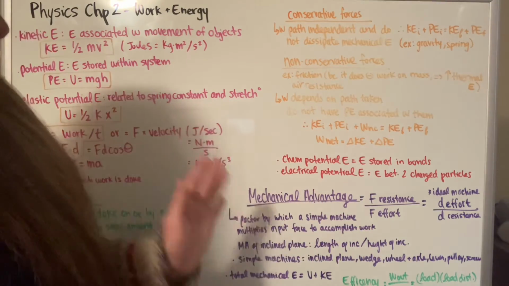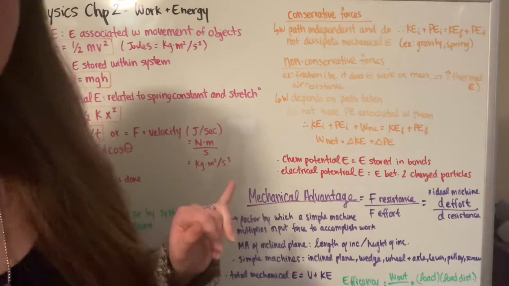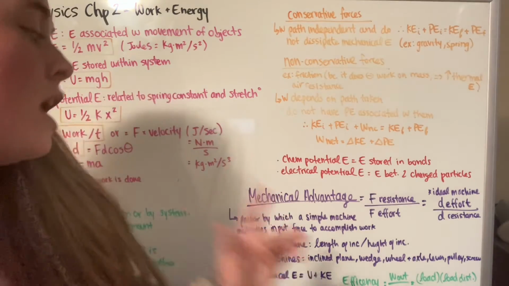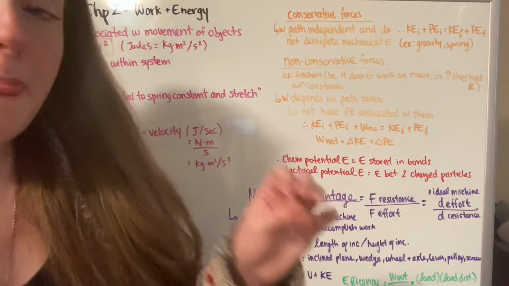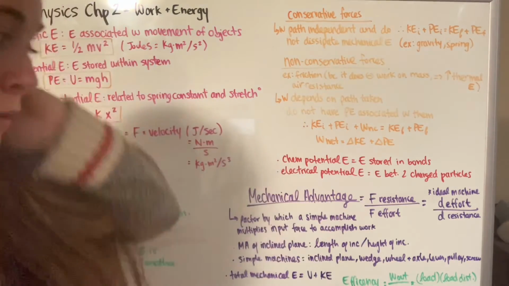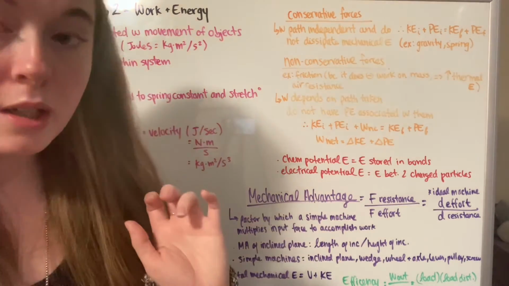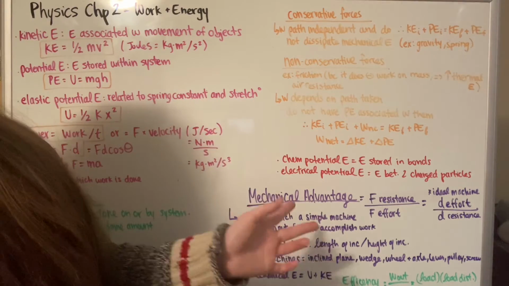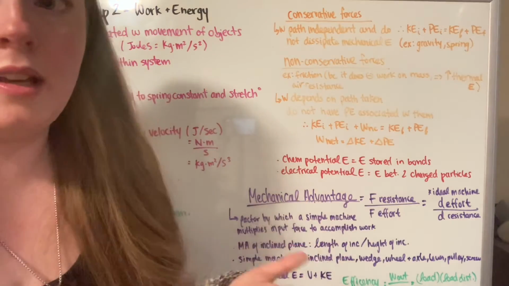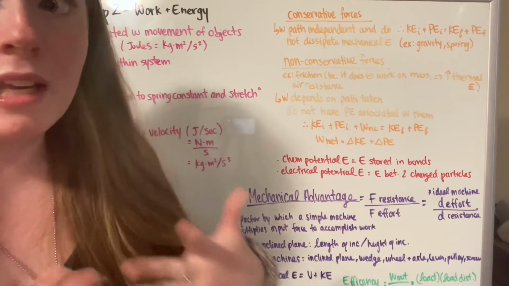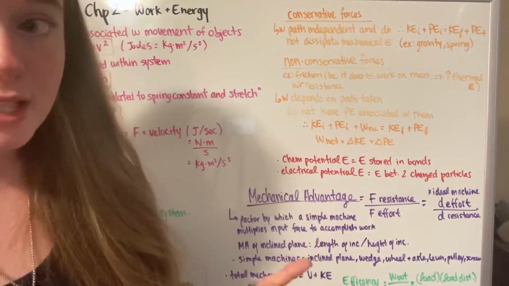Okay, we're almost done here, but mechanical advantage as a concept is the factor by which a simple machine multiplies the input force to accomplish work. And that makes sense, right? Because it's mechanical advantage. It's helping. It is making our work, as humans, easier to complete, right?